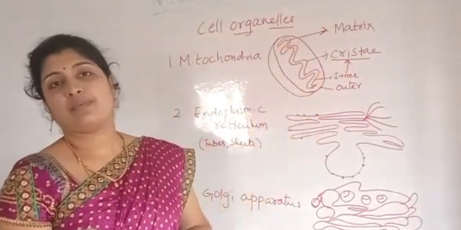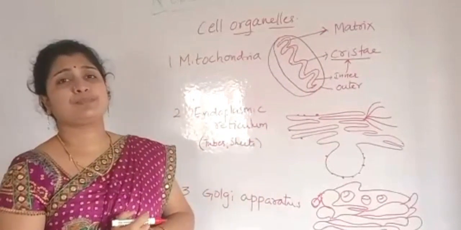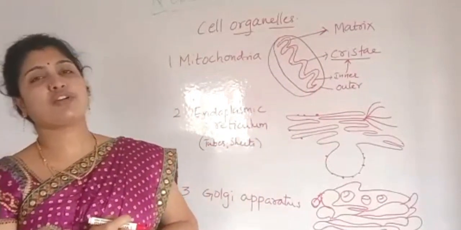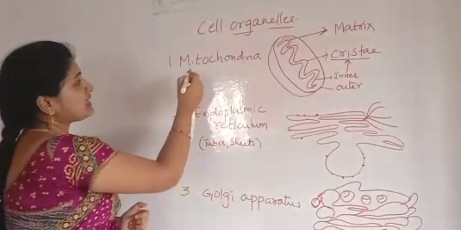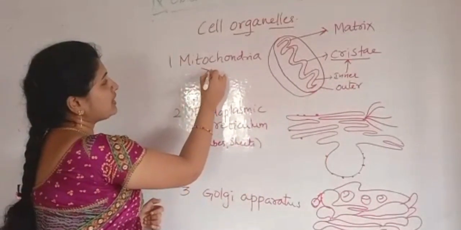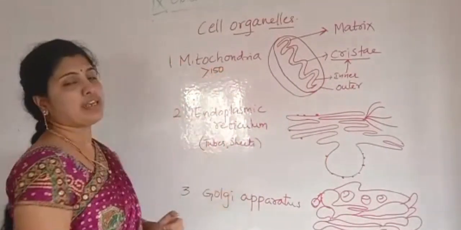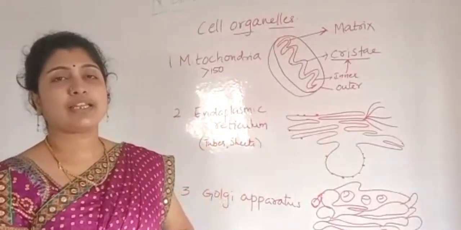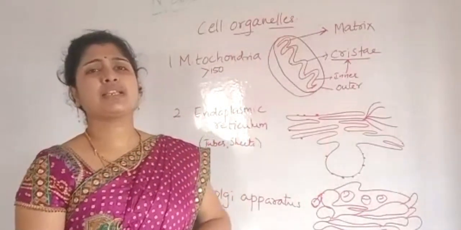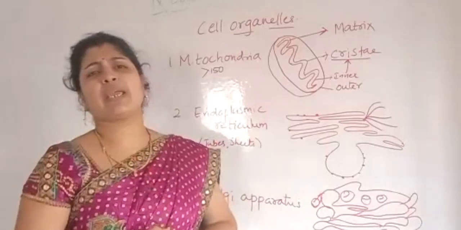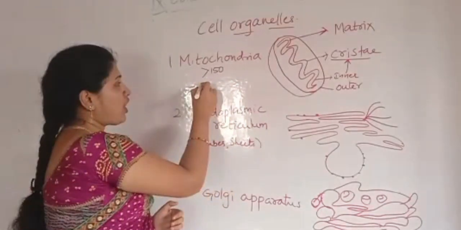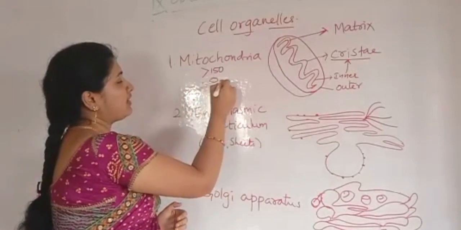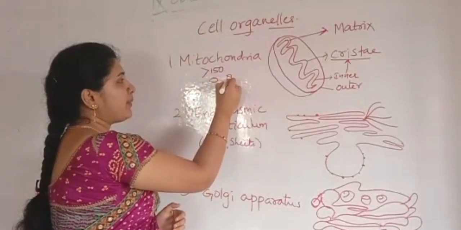If we compare the size of mitochondria, it is 150 times smaller than the nucleus. It is of different shapes. It may be like a dot, oval, or cylindrical.